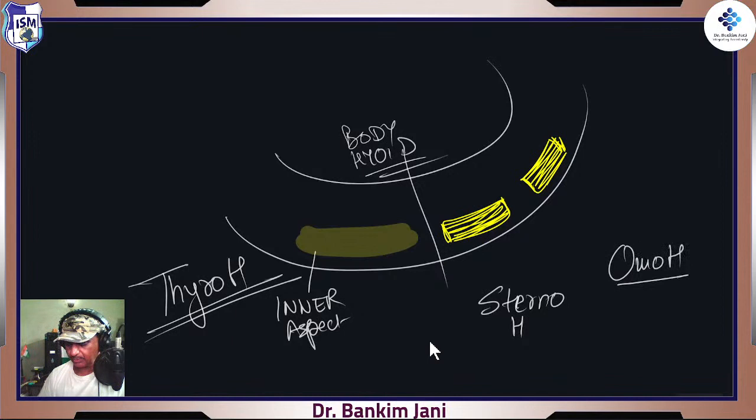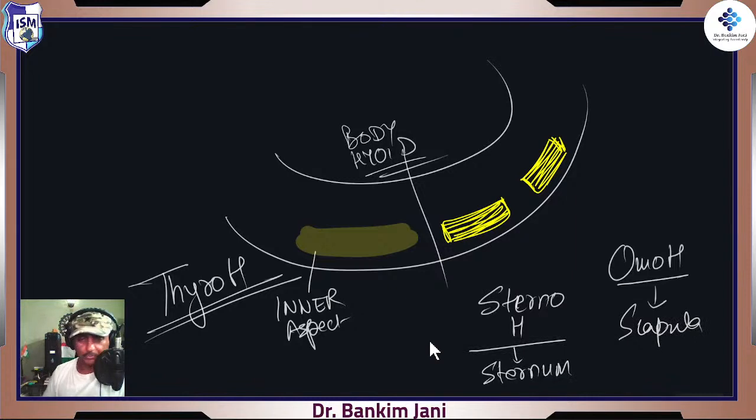Omohyoid will be going towards the scapula, and sternohyoid will be going towards the sternum. Nothing more to worry about. Medial is medial, lateral is lateral. So this is sternohyoid. This one is omohyoid. That is where they will be originating, and then they go down.